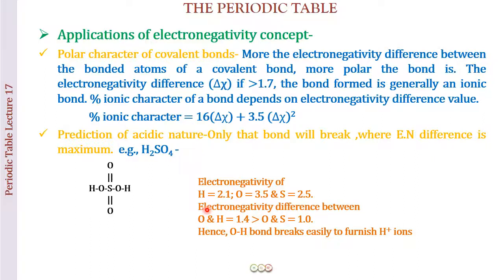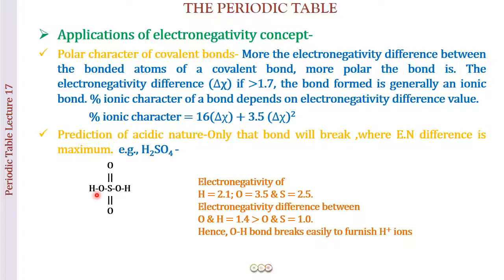See the electronegativity difference between oxygen and hydrogen, and oxygen and sulfur. For oxygen and hydrogen, it is 3.5 minus 2.1, so it is 1.4, and for oxygen and sulfur it is 3.5 minus 2.5, so it is 1. This means that the electronegativity difference between hydrogen and oxygen, which is 1.4, is greater than oxygen and sulfur, which is 1, right?